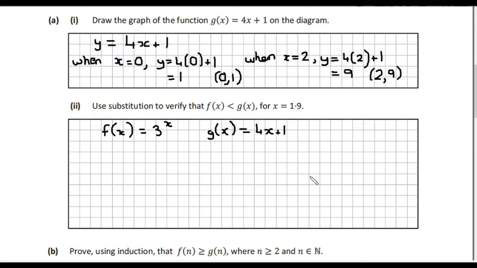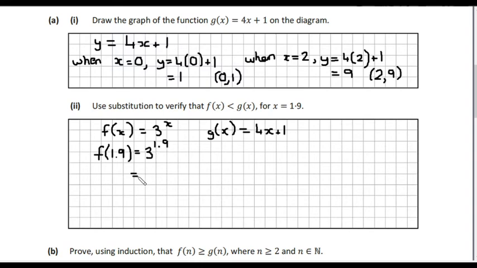So all we've got to do here really is get f of 1.9, get g of 1.9, and just verify that f of 1.9 is less than g of 1.9. So f of 1.9, all we have to do here is replace x with 1.9, so it's 3 to the power of 1.9.